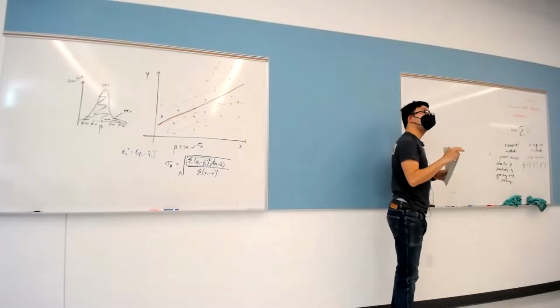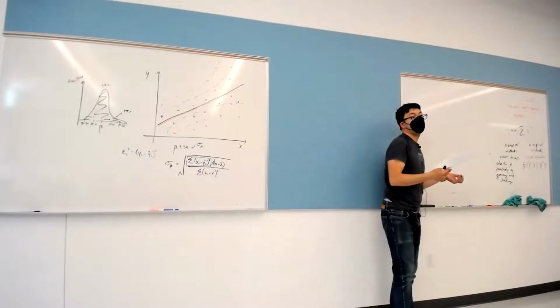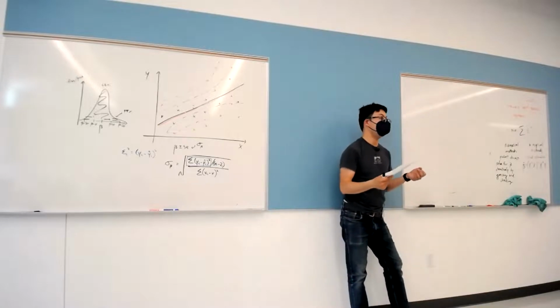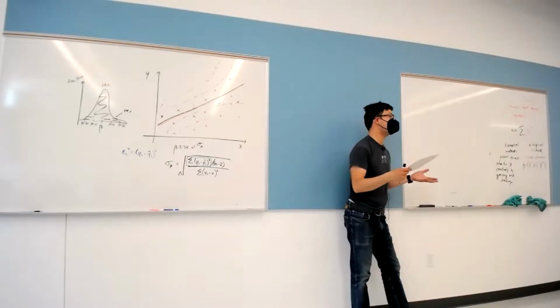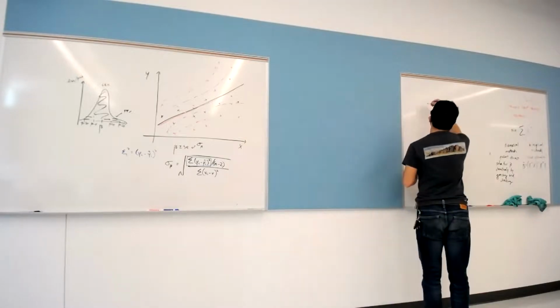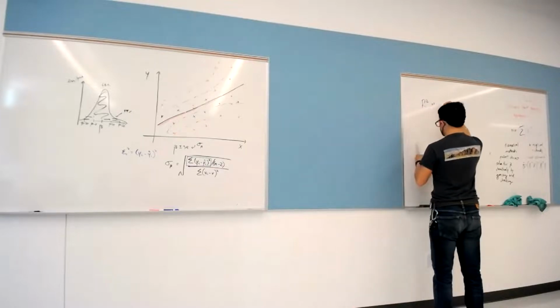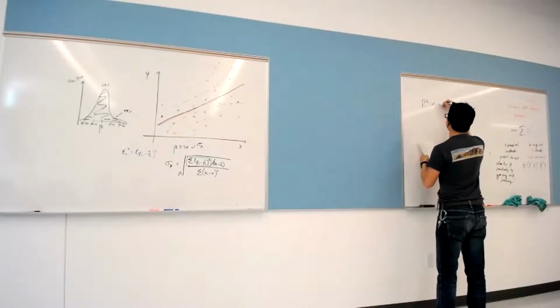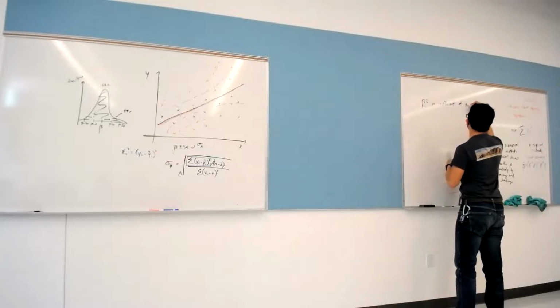The other common measure you will hear of how good my model is is something called an R-squared. This is known as the coefficient of determination.